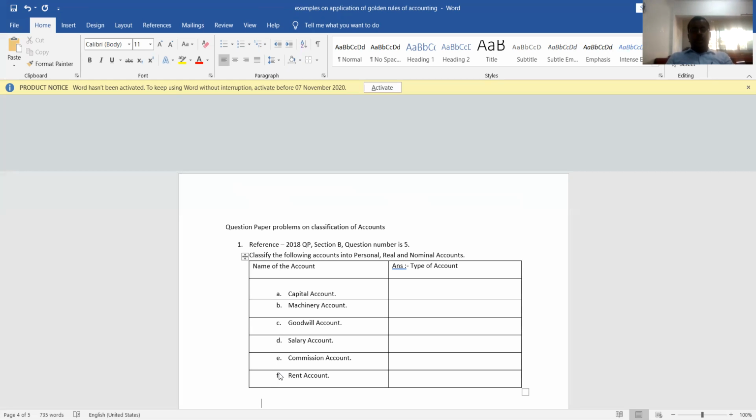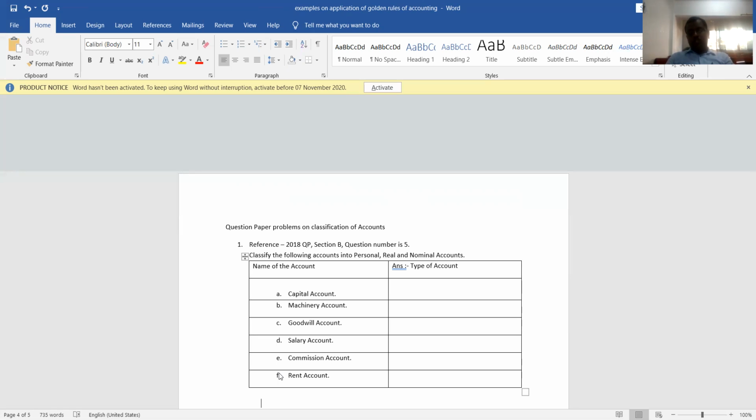So today we are going to solve some problems on it. You people may get one 5-mark problem in connection with classification of these accounts. So these are certain question paper problems on classification of accounts.